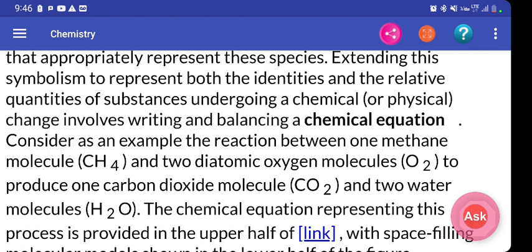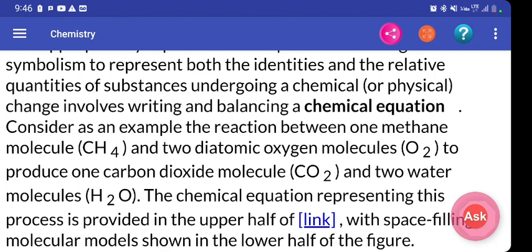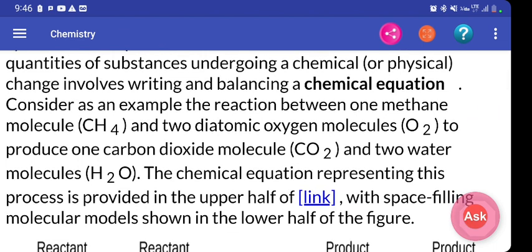Consider, as an example, the reaction between one methane molecule, CH4, and two diatomic oxygen molecules, O2, to produce one carbon dioxide molecule, CO2, and two water molecules, H2O.